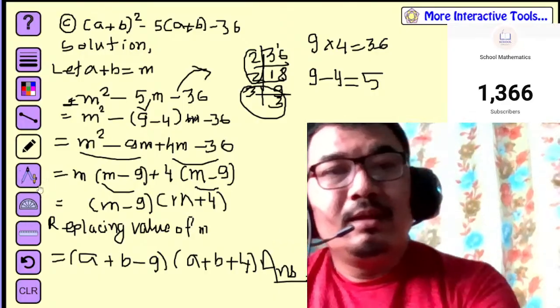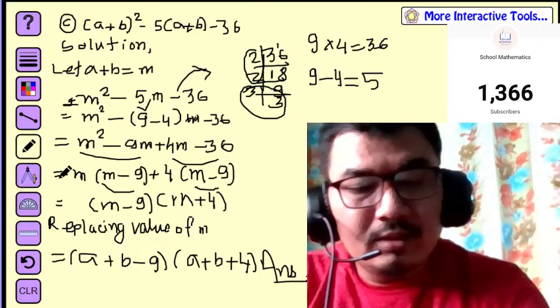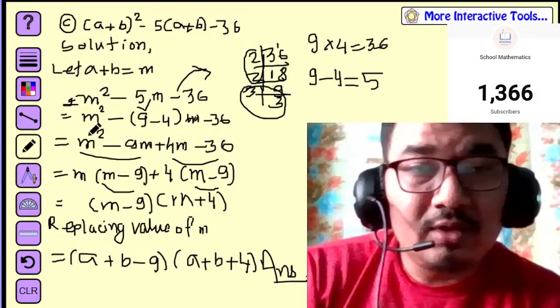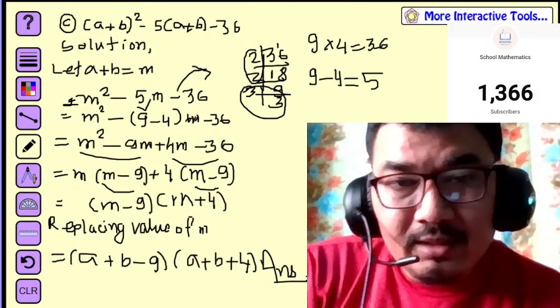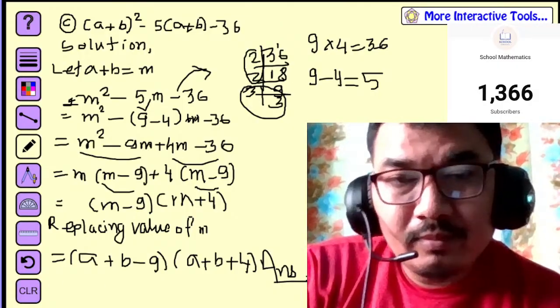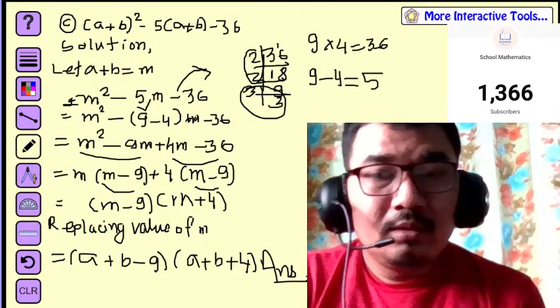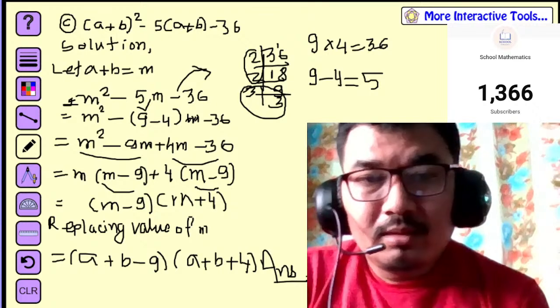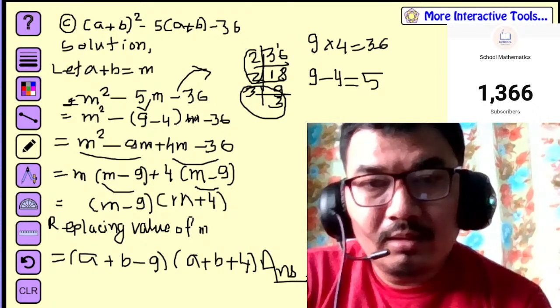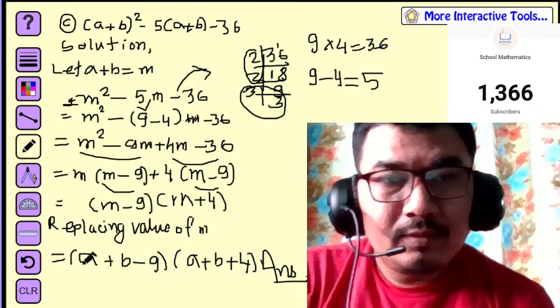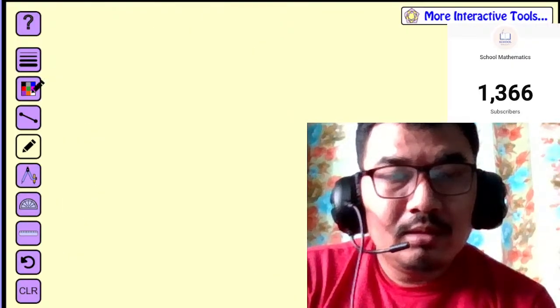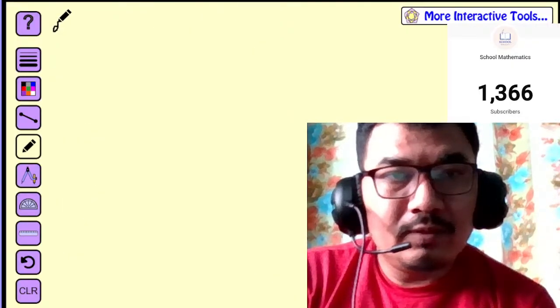Now I want to share with you the next question related to this type. Look here children, the question is like this. I have to clear this, and it's also factorization.